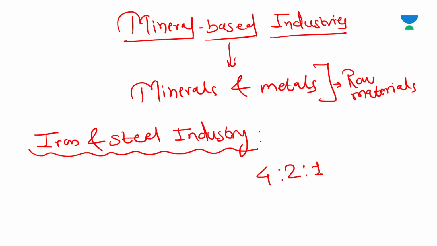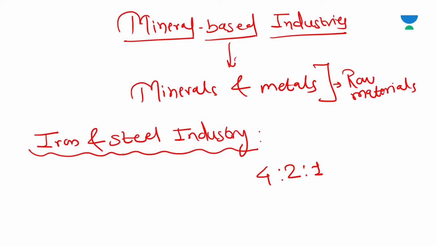Now, just remember that the finished products also need an efficient transport network for their distribution to the markets and consumers. So in 2018, with 106.5 million tons of crude steel production, India ranked second among the world crude steel producers, and it is the largest producer of sponge iron.